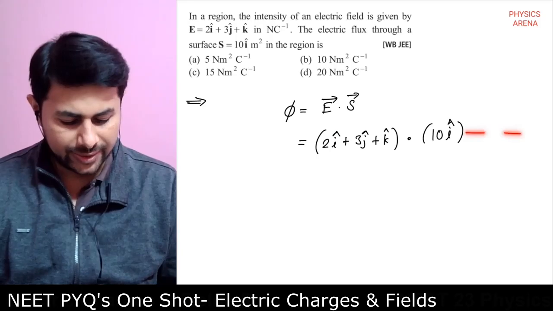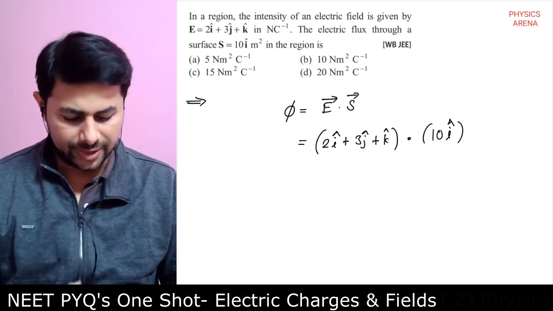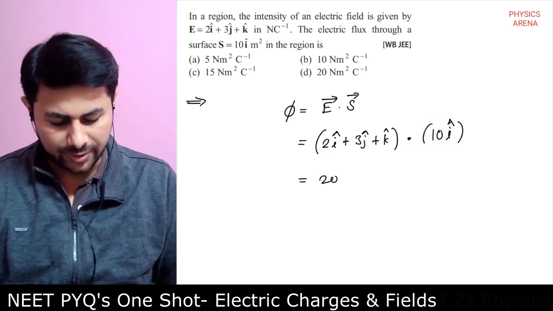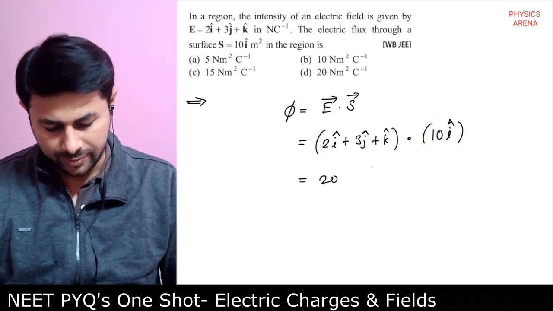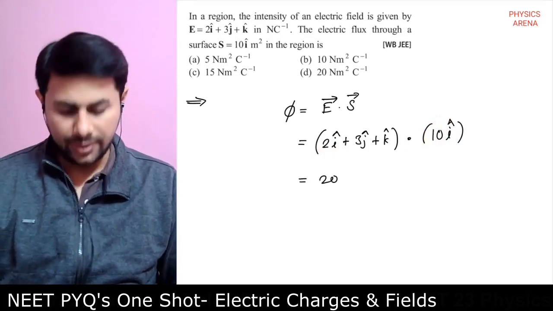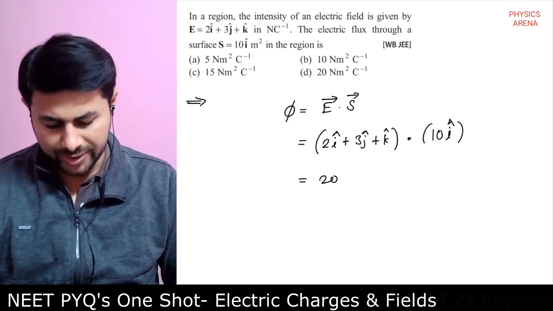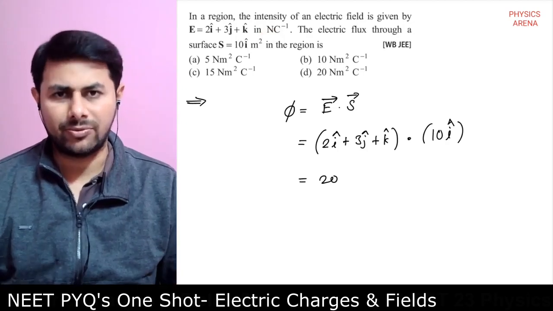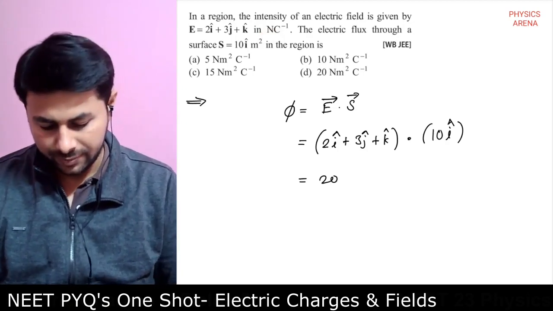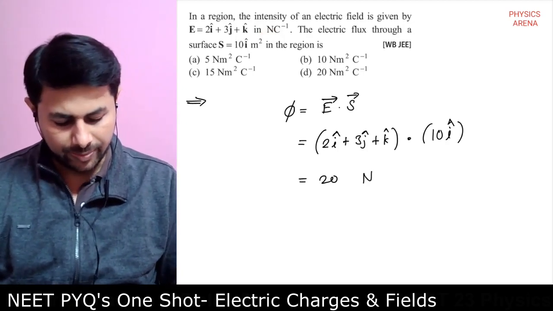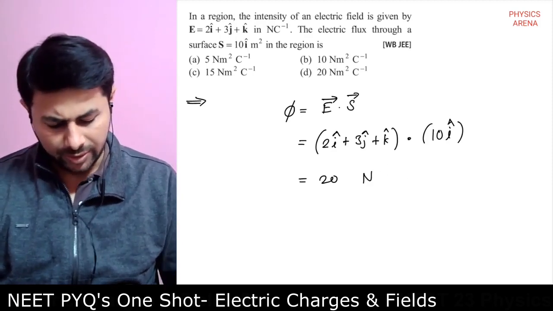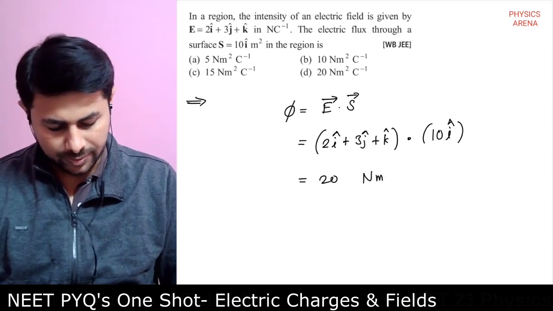But we don't have y and z components in S bar. It is just 10 multiplied by 2. So the answer is 20. And what would be its unit? The unit is newton per coulomb multiplied by meter square, or newton meter square per coulomb.